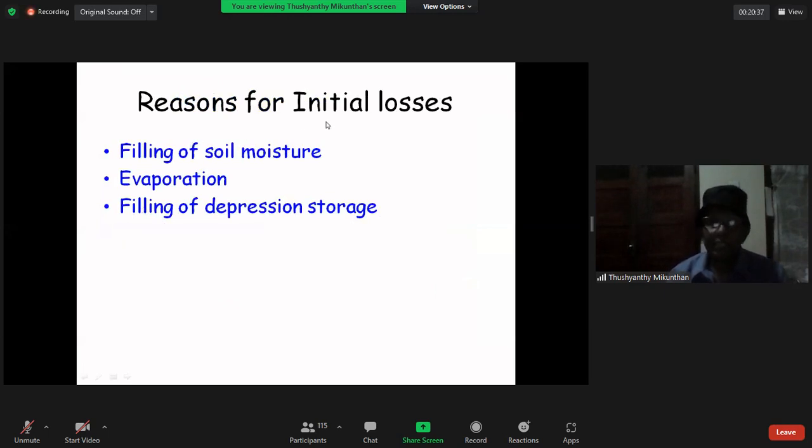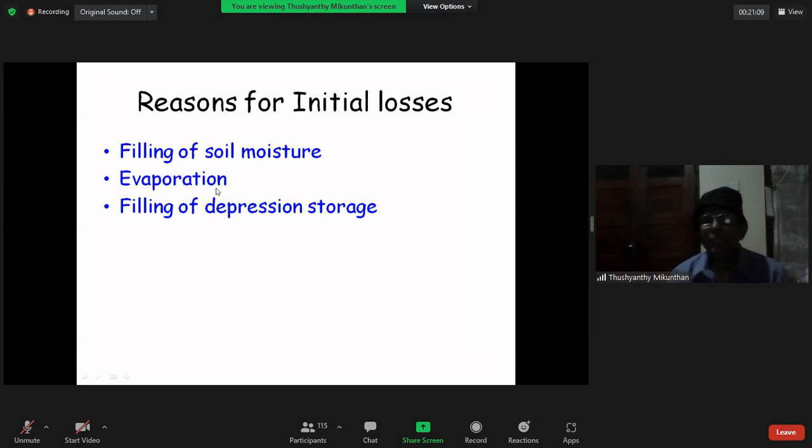So, reasons for initial loss. Why? What are the reasons for initial losses after getting rainfall? First one, filling of soil moisture, because after getting the rainfall, immediately the rainfall infiltrates into the soil and refills the soil moisture.